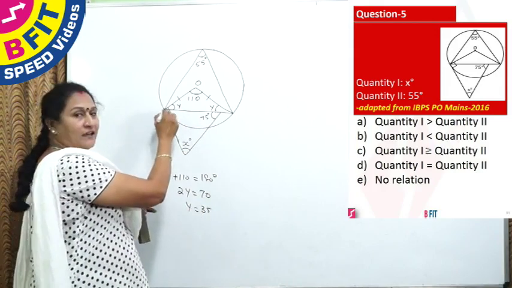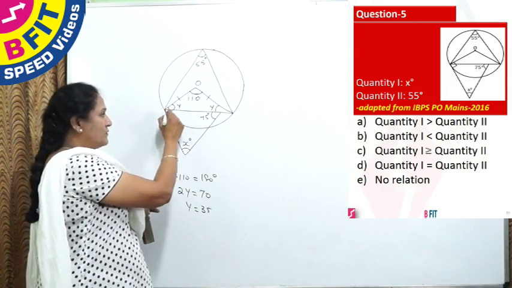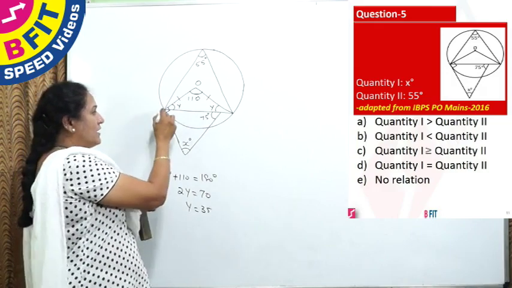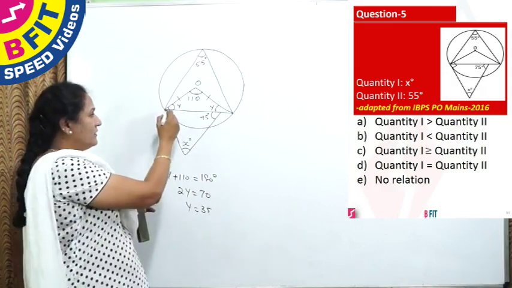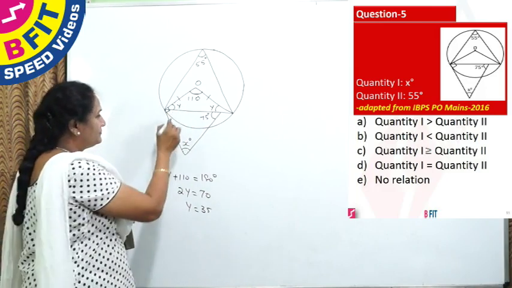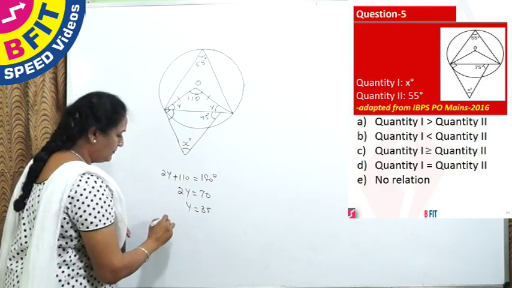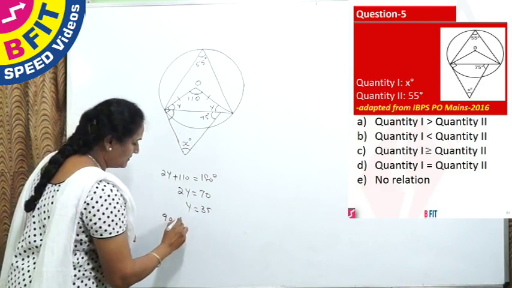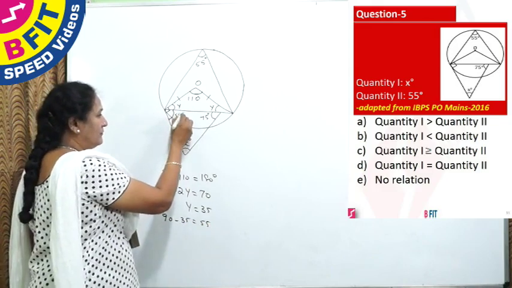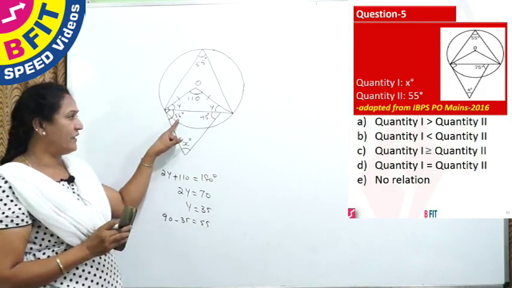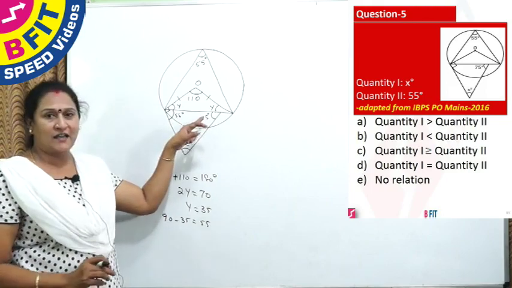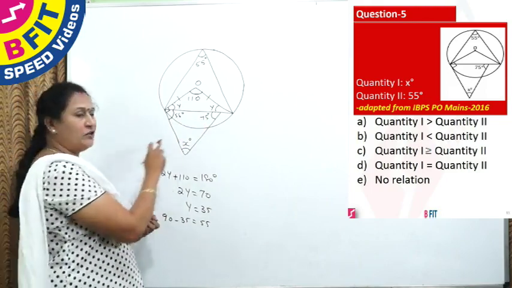You can see a right angle given. This small square implies that here it is a right angle, as the radius and the tangent will be perpendicular. Here they have given 90 degrees. If y is 35, this portion will be 90 minus 35, which is 55. So this is 55, and the other angle given is 75, and we need to find this x.